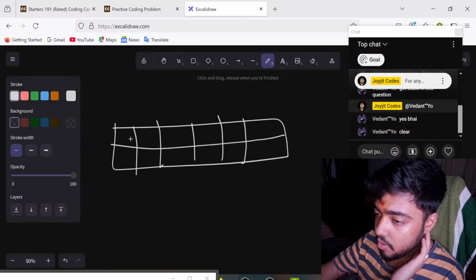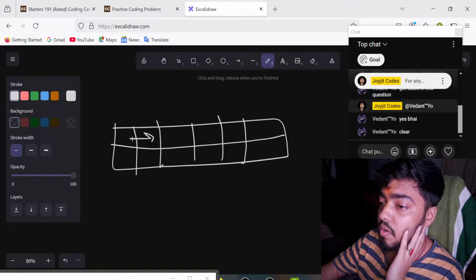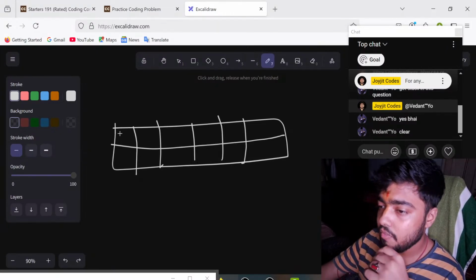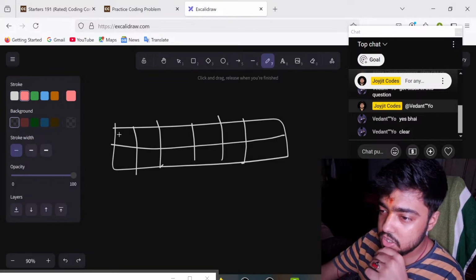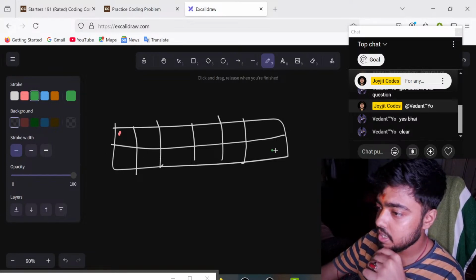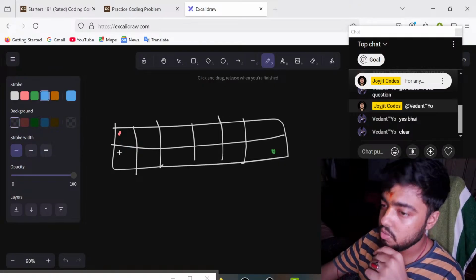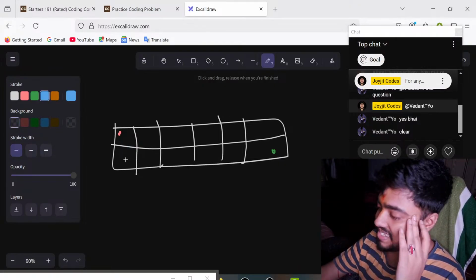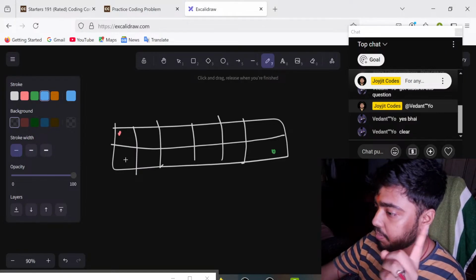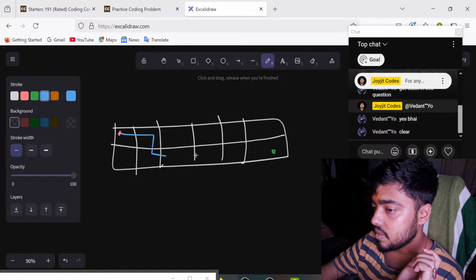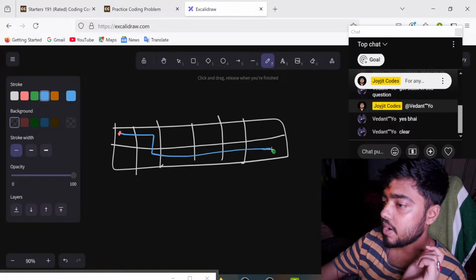It is given that you can go either right or down. So one thing is very evident from here: this is your starting point, and this is your destination. If it is a down-right approach, the path should be somewhat like this.